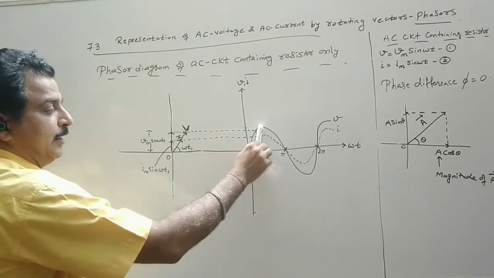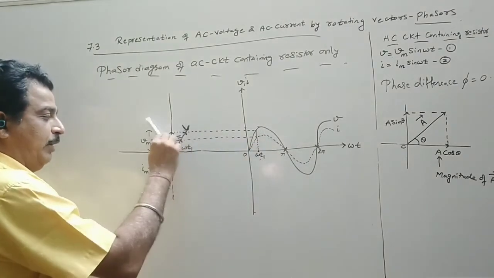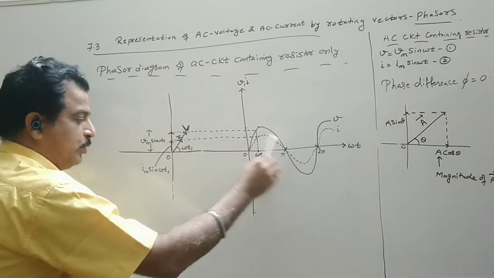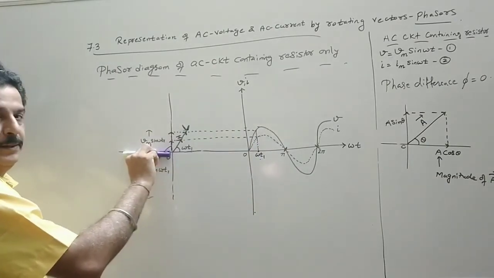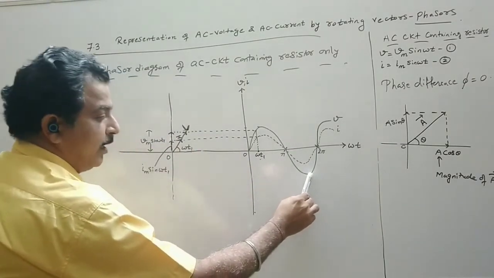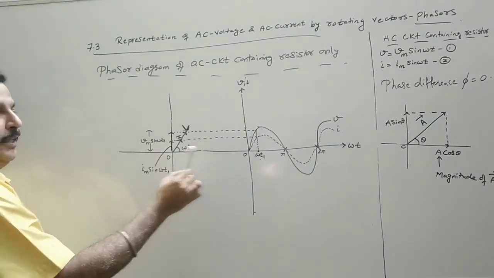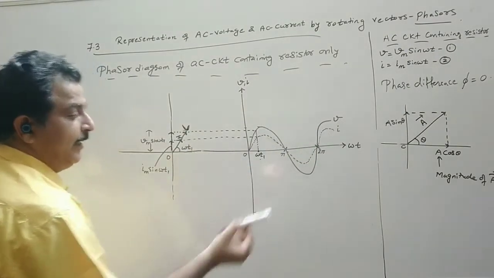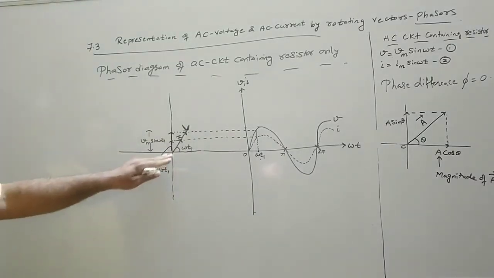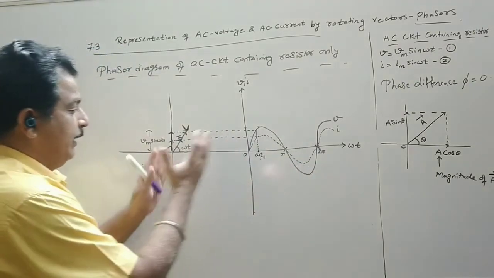Then this angle will be, suppose above 90, say 100. So the vector will be at this point. When this graph comes to this point, the phasor will be like this. When this graph comes to this point, this is angle 270. At that time, the phasor will be at this point. Then 360. At any instant, we can draw this phasor. So this is the phasor at time t1.